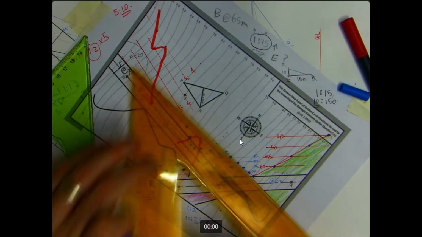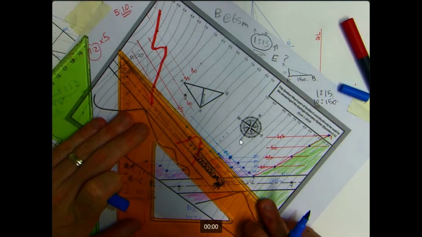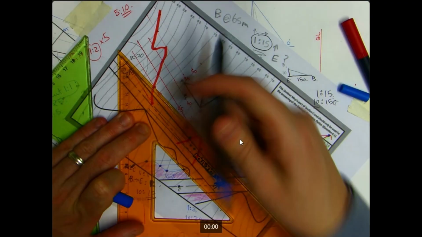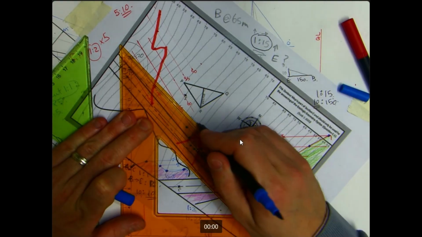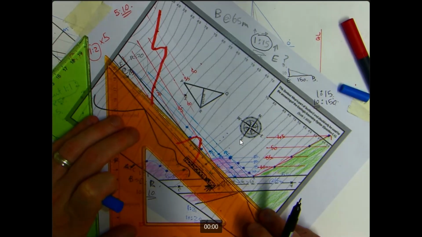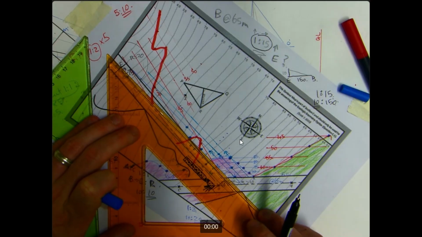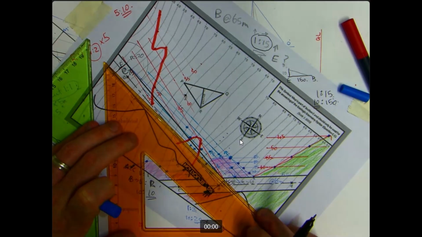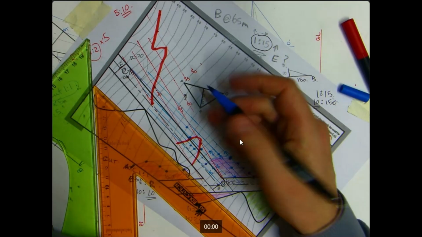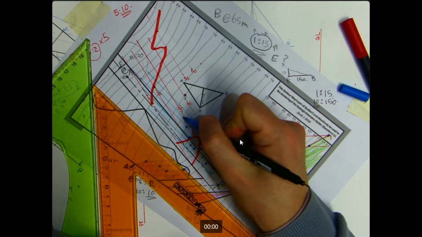I need to continue this on because these numbers are repeated along this way. So in this gap is where I need these numbers. So I'm basically filling in the gaps between the red sections there that I've already done. Okay, so next number is 80. Where does 80 hit 80?